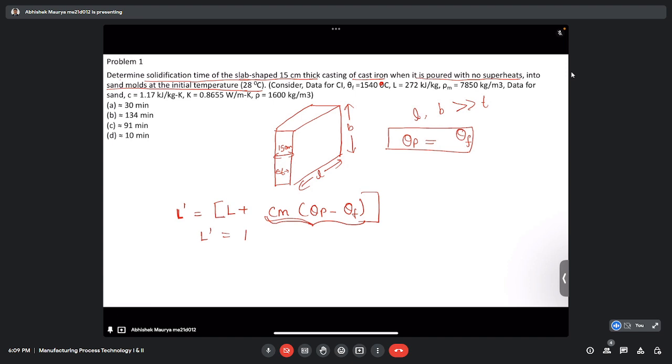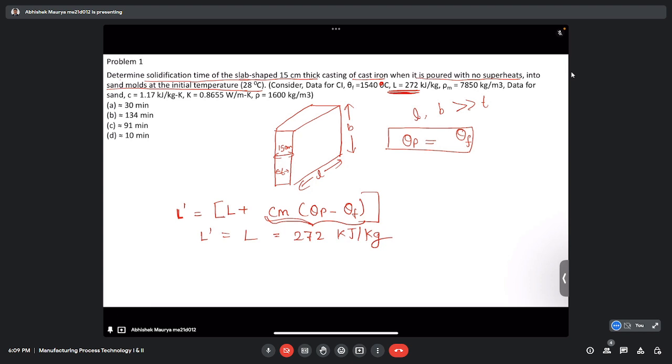If you can see what is given here, it is 272 kilojoule per kg. At the same time, if you consider this slab, what would be its surface area?